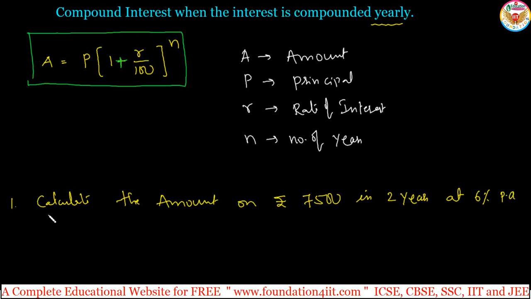So they will mention this word compulsorily. You have to check in the question whether they mentioned compounded annually or not. So this is compounded annually, which means every year the interest will be repeated. That is the meaning of compounded annually.